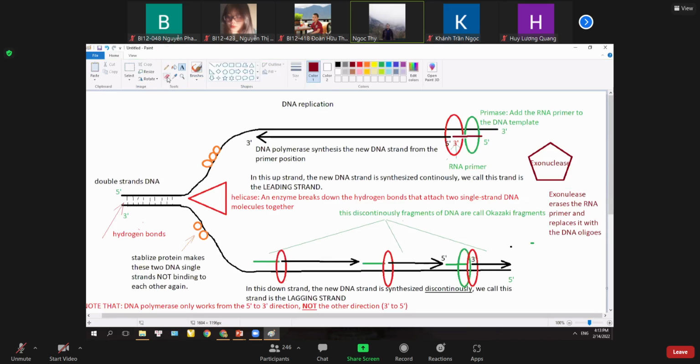So it erases all the RNA primer and replaces it with DNA. So we have the strand here which is DNA. We have this fragment here which is also DNA. We only have the gaps between those.